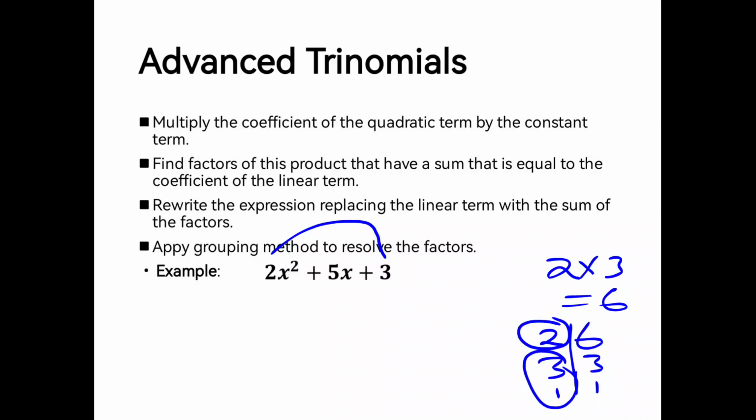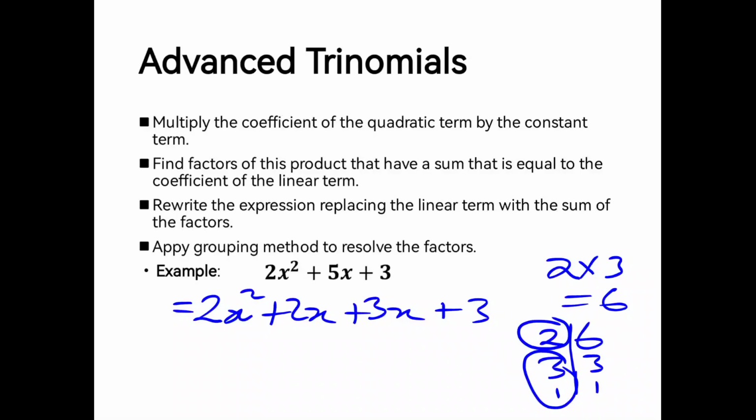So we then proceed and rewrite this expression as 2x squared plus 2x plus 3x plus 3. Now notice that the 2x plus 3x is still intact. It is still 5x. Everything hasn't changed as far as we are concerned, except that we have rewritten it differently so that we can think about other options.